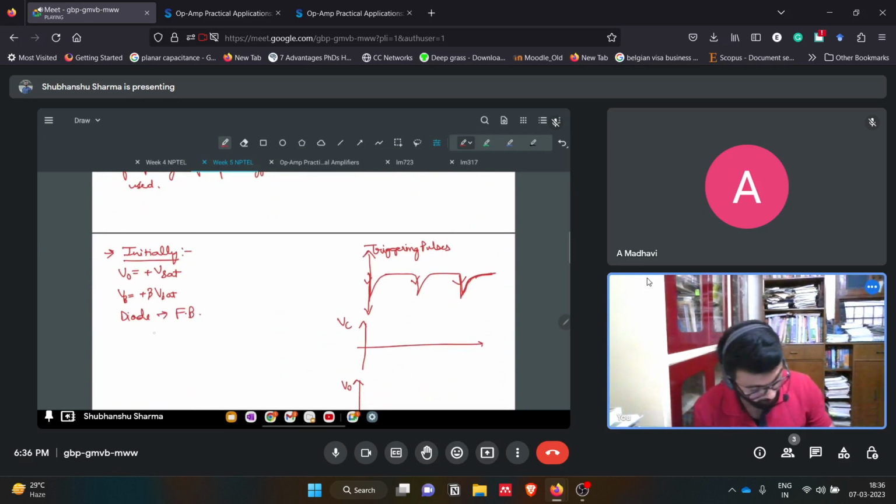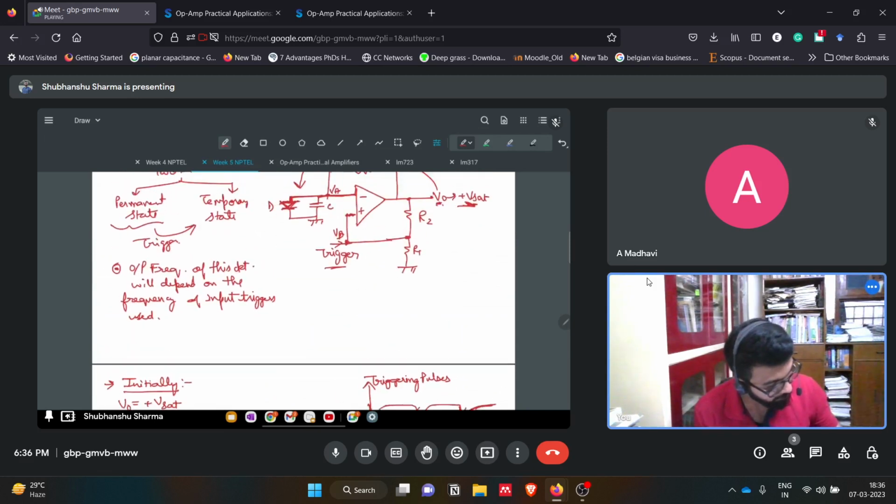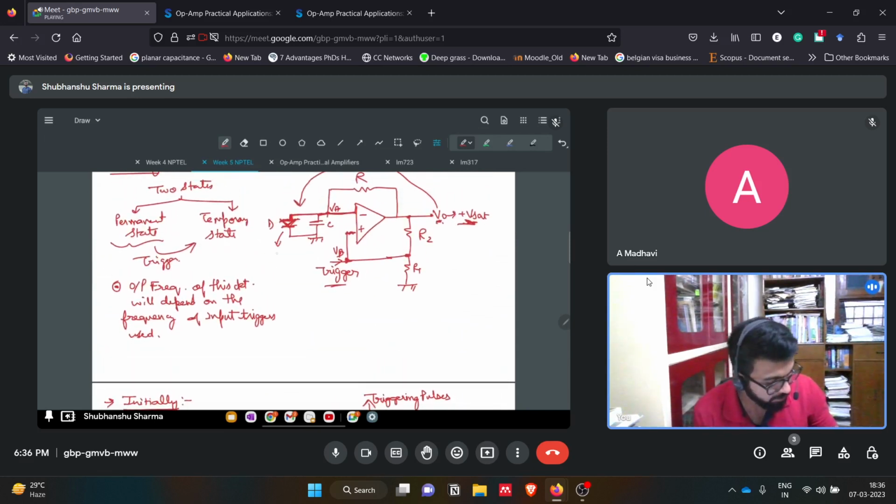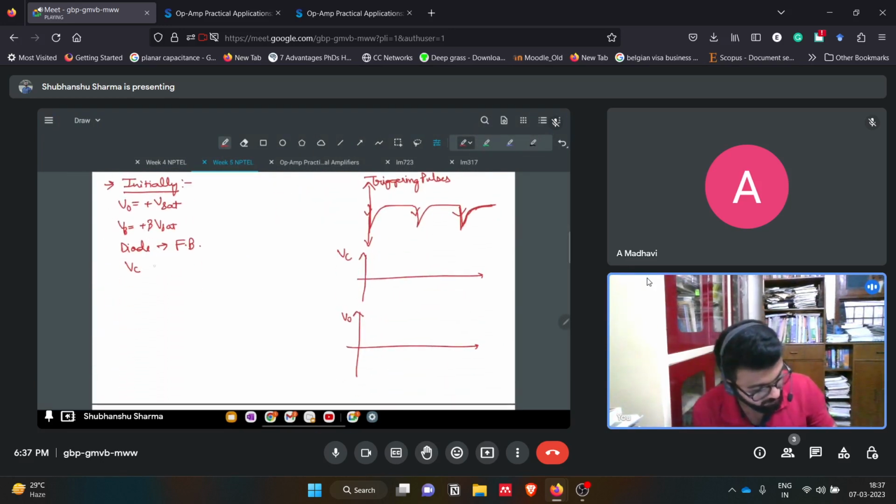Then it will act like a DC power supply, that is 0.7 volts. For timing, we are using 0.7 volts here. So this 0.7 volt will be seen across the capacitor, so the capacitor voltage VC will be 0.7 volts.